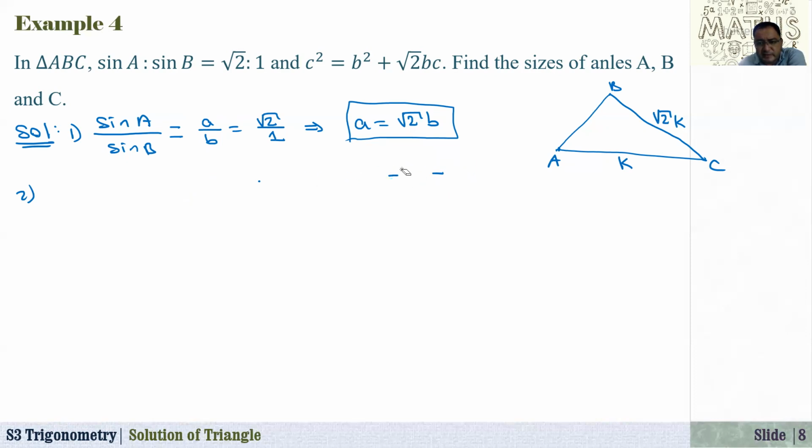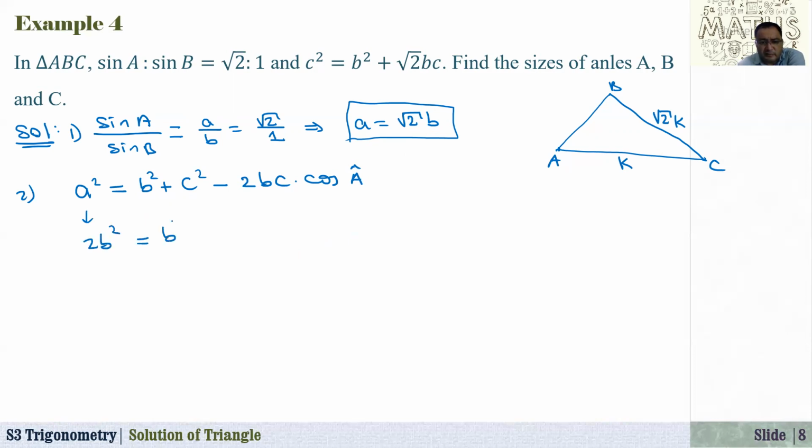How about if I use A squared? Because instead of A, I can write B. A squared is equal to B squared plus C squared minus 2 times BC times cosine of angle A. Now A is equal to square root of 2 B, so if you substitute for A, we get 2B squared.